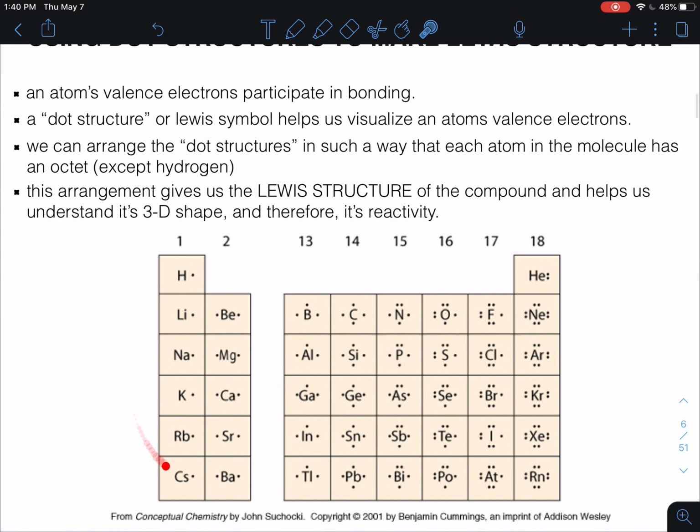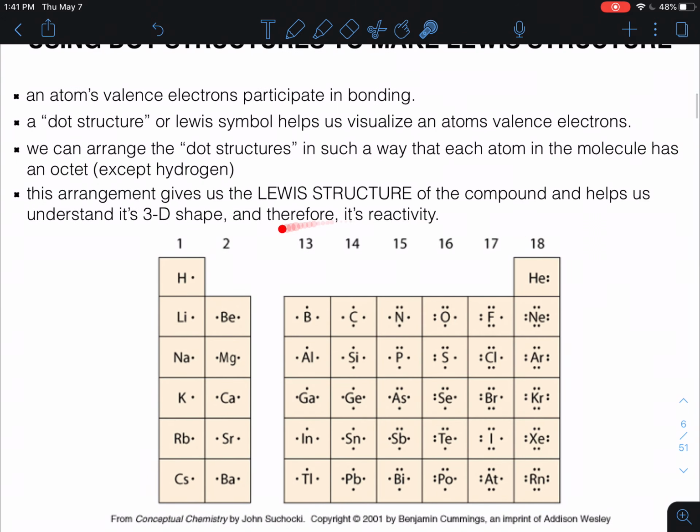Okay, so these are all the dot structures for all of the main group elements. You'll notice very simply, first column, there's only 1 dot to represent 1 valence electron. Second column, 2 dots to represent 2 valence electrons. Then we jump over to group 13, all right? 3 valence electrons, 4 valence electrons, 5, 6, 7, and then 8. And obviously 8 represents a full valence shell.